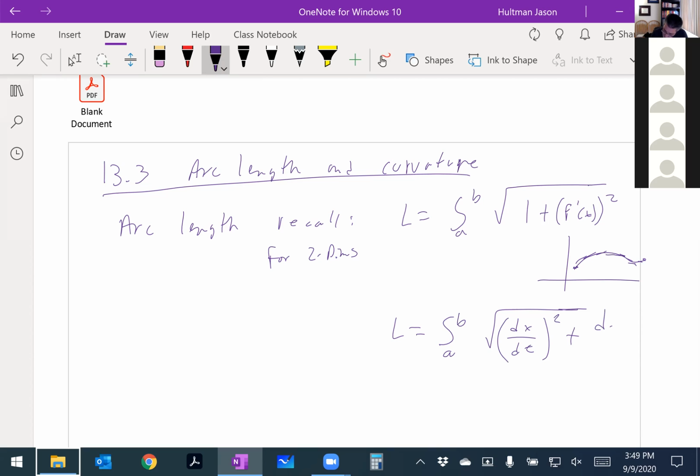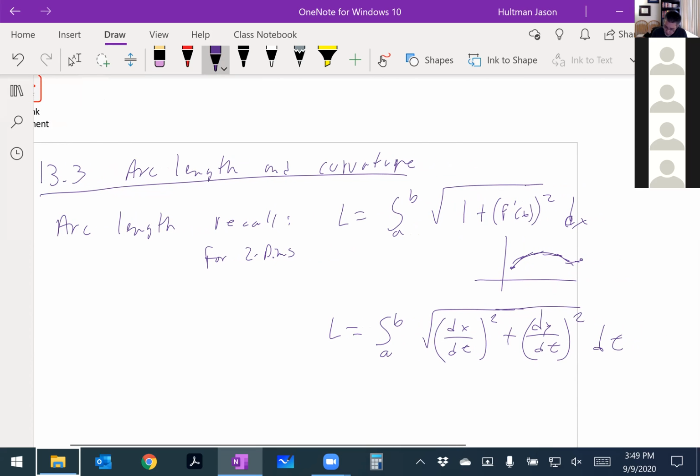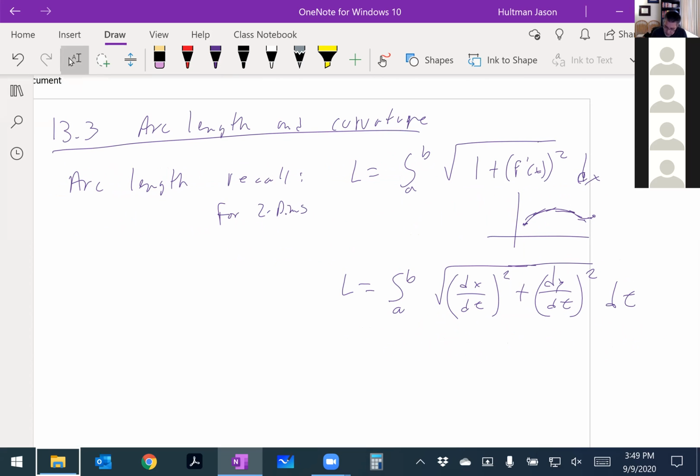If we put it into parametric form, dx is with respect to x, and this is with respect to a third variable, t. Saying that x is a function of t and y is a function of t, where x is equal to f of t and y is equal to g of t.